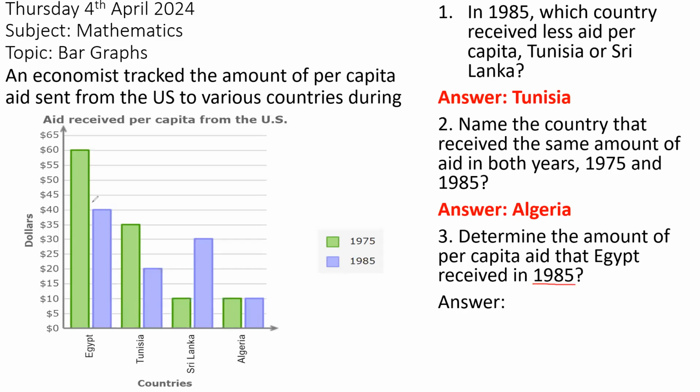If we look at Egypt in 1985, we see that Egypt is precisely $40. And 1985 is the lavender one. 1975 is going to be the one in green. So the amount of per capita aid that Egypt received from the United States is going to be $40, right?